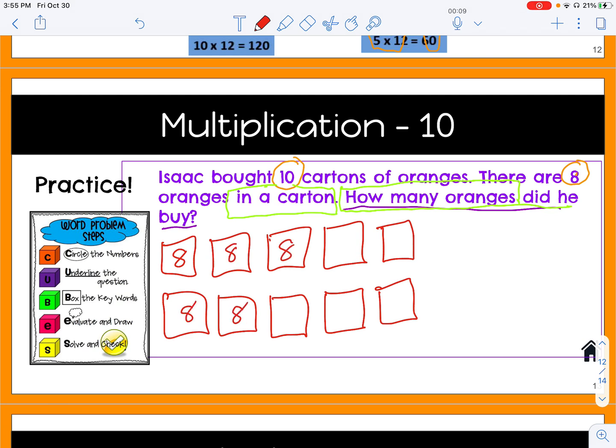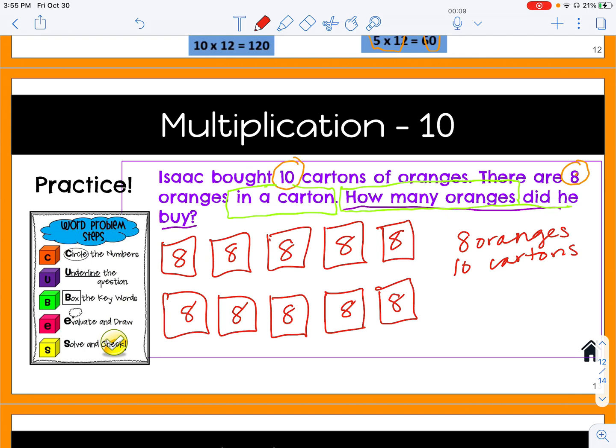You can either draw the oranges or you can just write 8. Okay. And so you can either repeatedly add those, or you can think of this as 8. So there's 8 oranges, and there's 10 cartons. And so I want to know the total number of those.